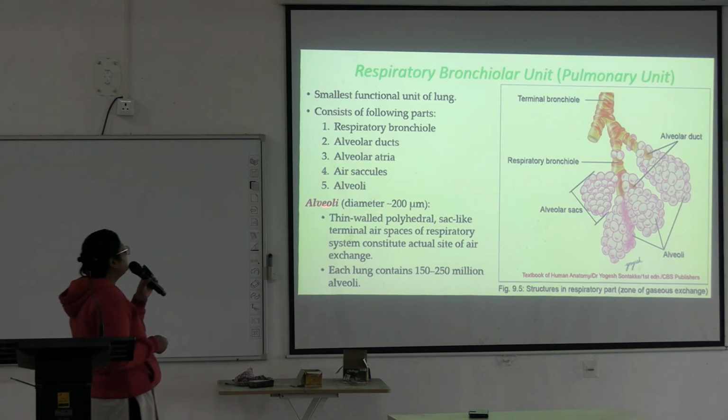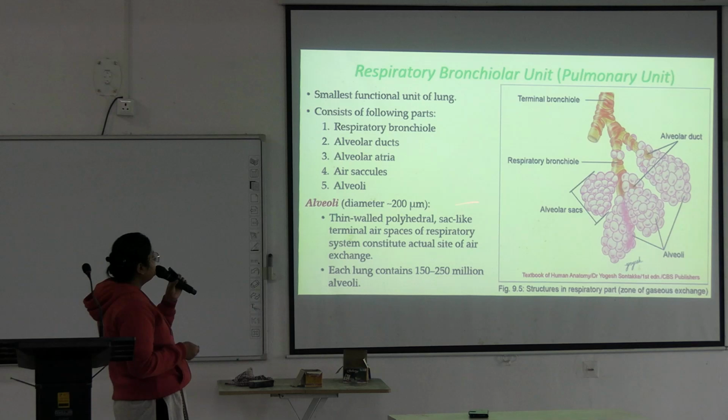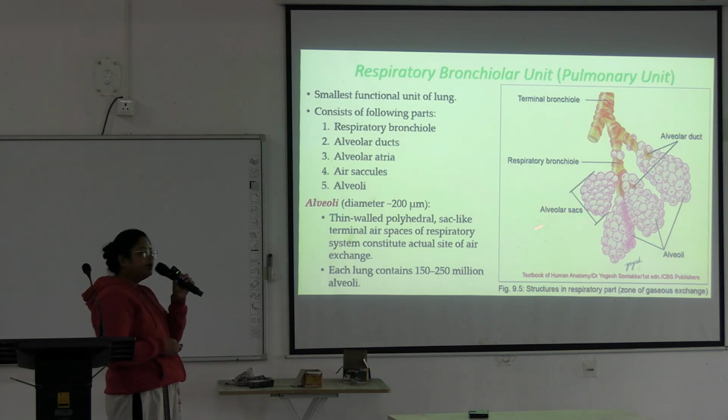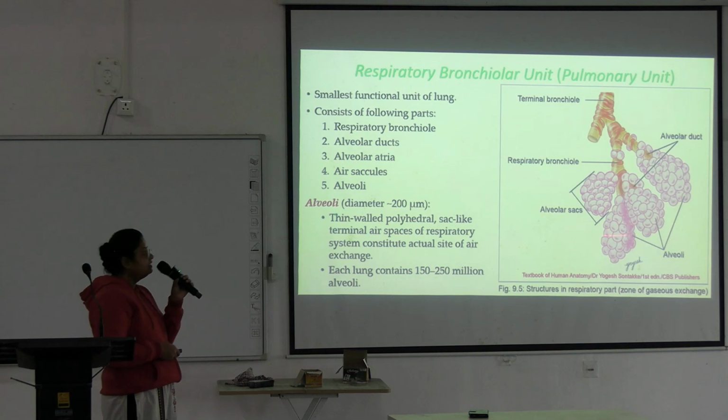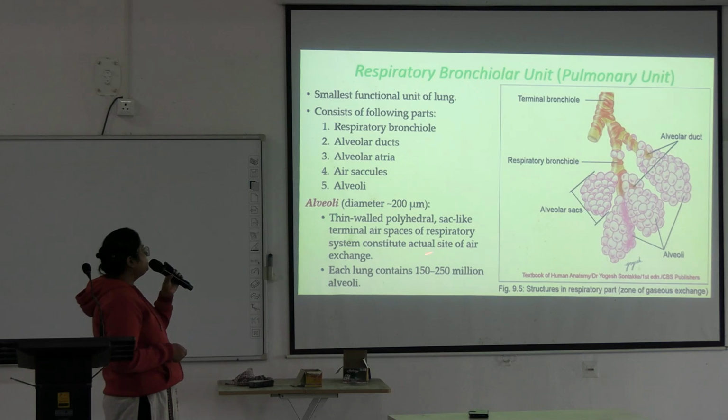So alveolus is of diameter approximately 200 micron, and it is a thin-walled polyhedral sac-like terminal air space of the respiratory system that constitutes the actual site of air exchange.